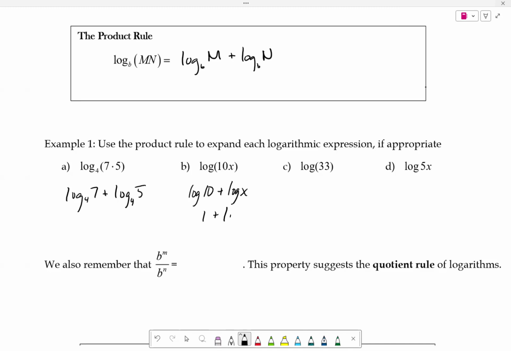Nice. Does anyone remember what that number is called? This is a common log, log base 10. But the number that goes here has a specific name. Did anyone remember what that's called? The argument of the log. So yeah, when the argument matches that base, it's just equal to 1. Thank you, Ella.